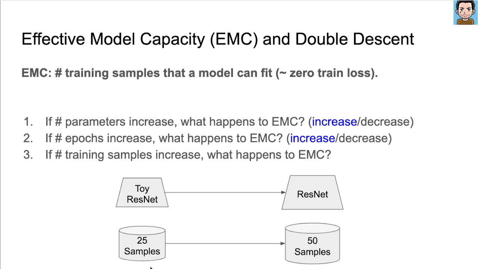If we increase the number of samples, say to 50 samples, then our original network won't be able to reach zero train loss on the bigger dataset. Instead, we will need a bigger model to be able to fit the new 50 samples. So by increasing the number of samples, our model capacity does not change. It is just that we need a bigger model to fit the bigger dataset.